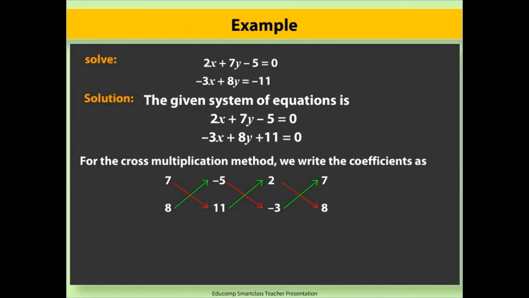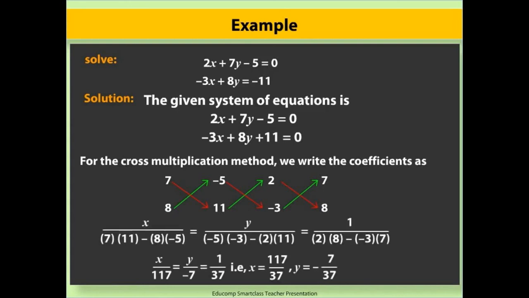Hence we get x upon (7 × 11 - 8 × -5) = y upon (-5 × -3 - 2 × 11) = 1 upon (2 × 8 - (-3) × 7).